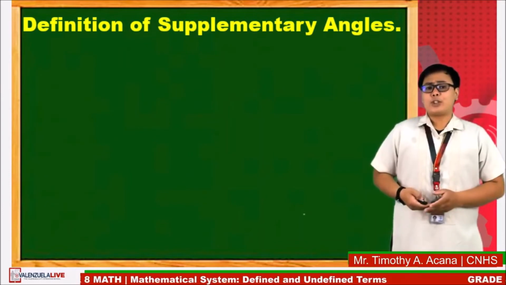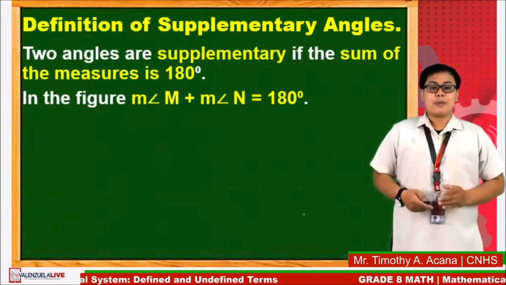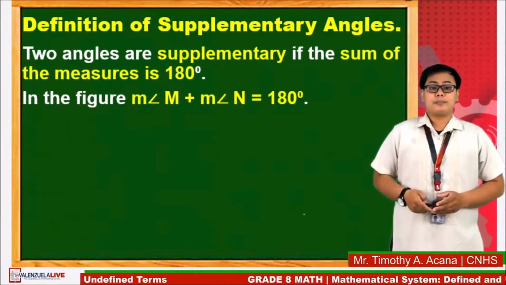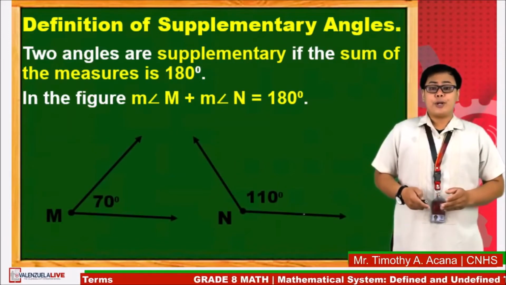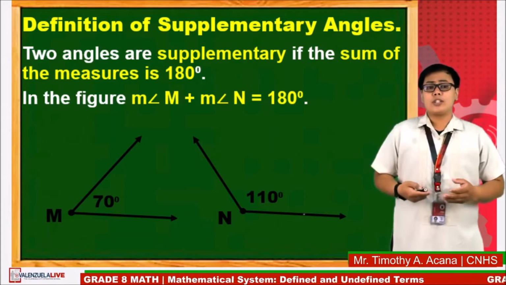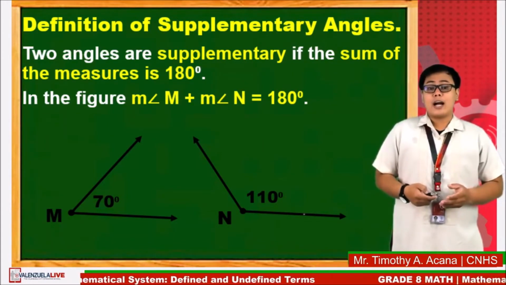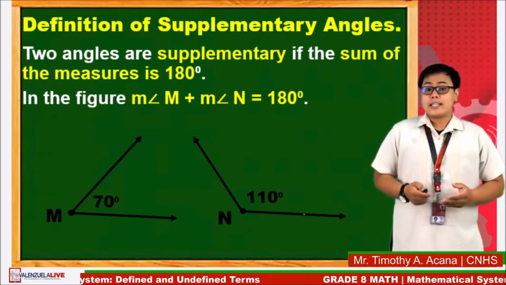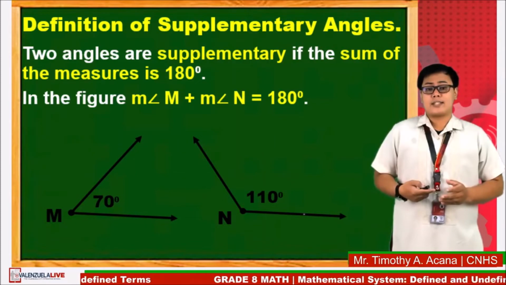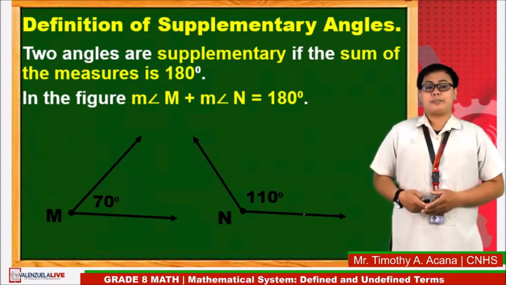Next is the definition of supplementary angles. Two angles are supplementary if the sum of their measures is 180 degrees. In the figure, measure of angle M plus measure of angle N is equal to 180 degrees since the measure of angle M is 70 degrees and the measure of angle N is 110 degrees, and its sum is equal to 180 degrees.